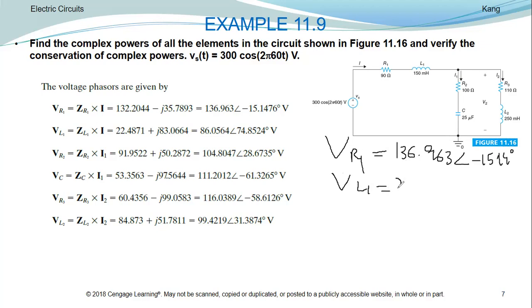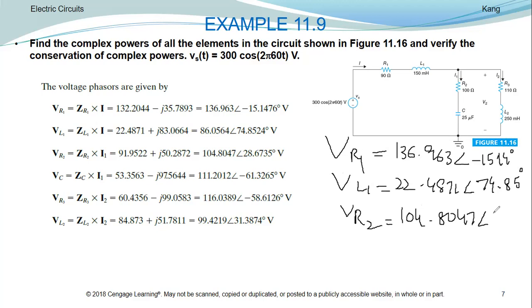VL1 value will be 22.4871 with the angle 74.85 degrees. VR2 will be 104.8047 with the angle 28.67 degrees.